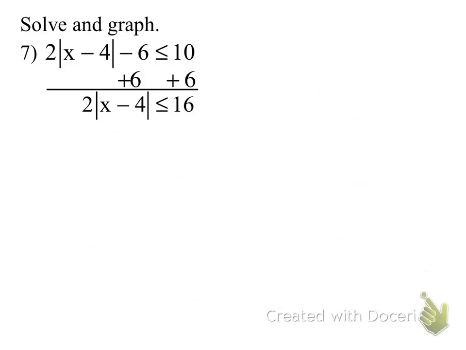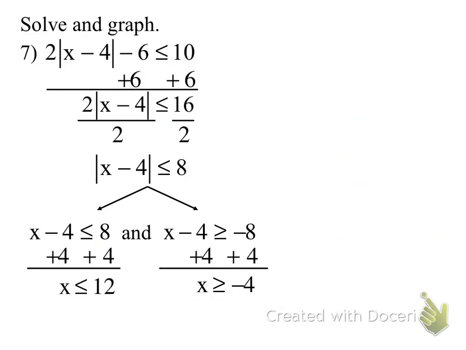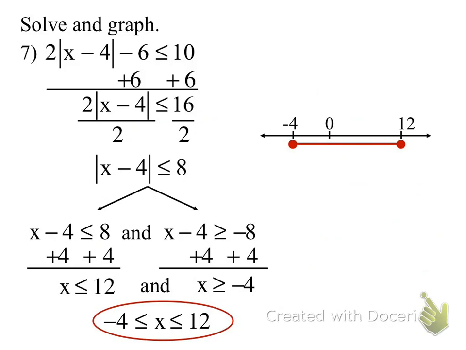Now we're going to divide both sides by +2. It doesn't switch, but that's the situation. We can't define whether it is a conjunction or disjunction till the absolute value is alone. And then we branch it, and graph it. All right. That's it.